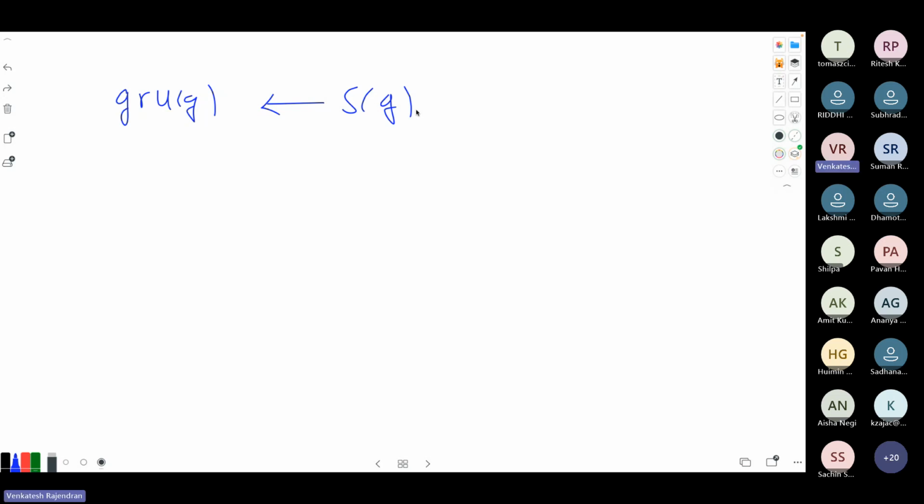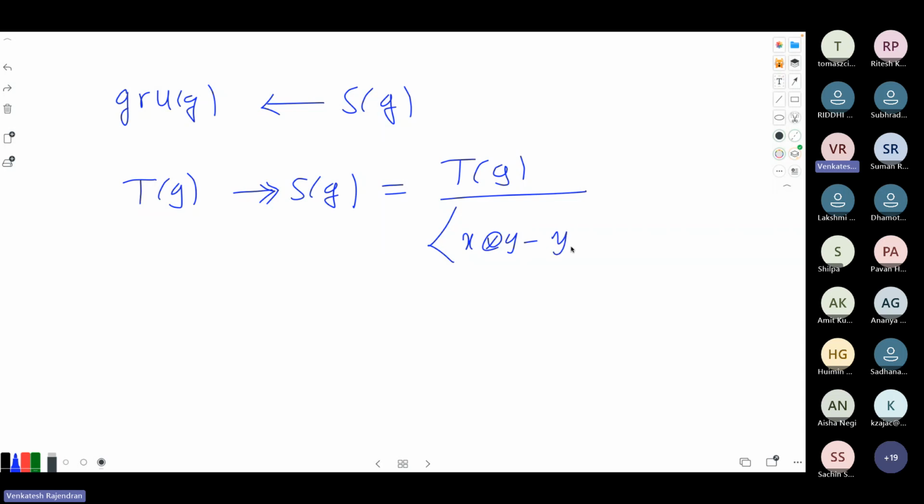Recall you have TG and then you have S of G, and this is the surjection. Note that S of G is defined to be TG modulo the ideal generated by X tensor Y minus Y tensor X, where X, Y vary in g. In order to verify that there is this map from SG to grade UG, you need to first verify that there is a map from TG to grade UG.